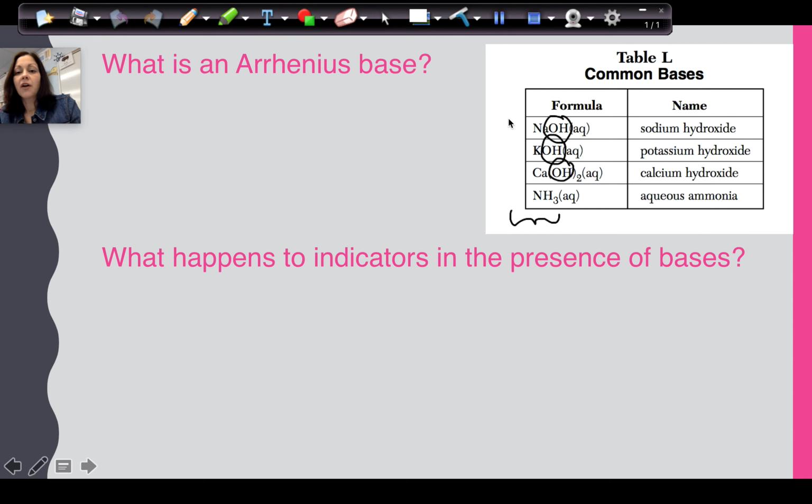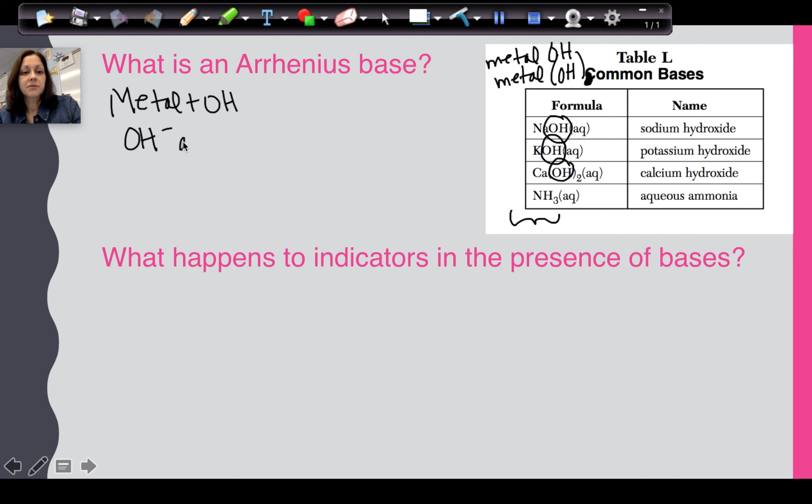Otherwise, it's going to be a metal in front of OH or a metal with OH in parentheses and some number outside of here, like a 2 or a 3. If we have something that's not a metal in front of OH, that's not going to be a base. So again, an Arrhenius base is usually a metal plus OH. It has OH minus as the only negative ion in solution.